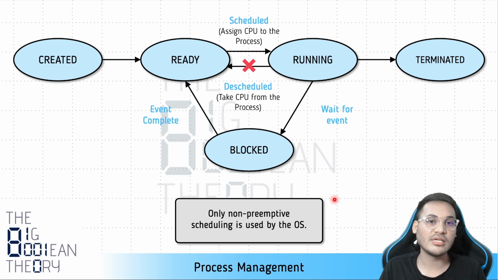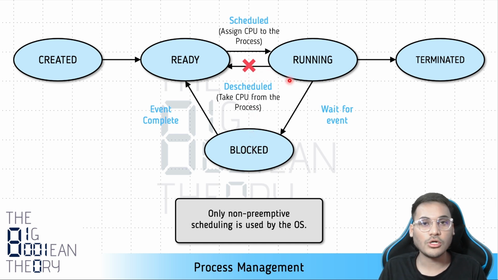So preemption is basically the event where you take away the control of the CPU from the running process. The operating system takes away the control forcefully from the running process. When that happens, the running process goes from the running state to the ready state. So this transition is basically a depiction that the process was preempted. In a non-preemptive scheduling policy, this transition will not be there.